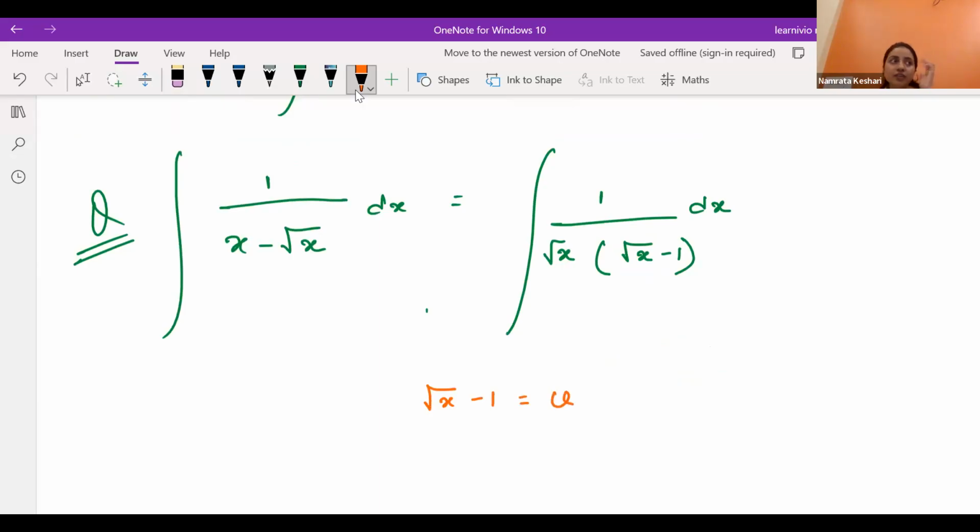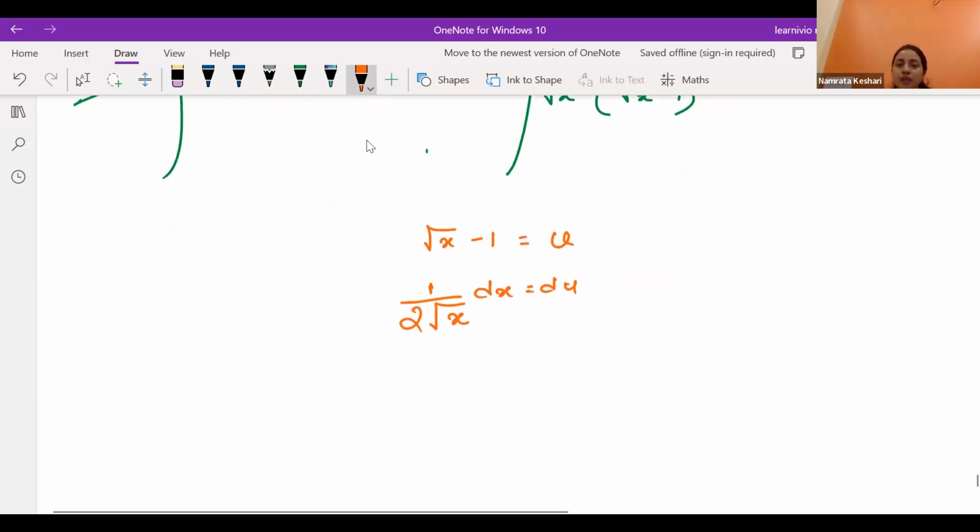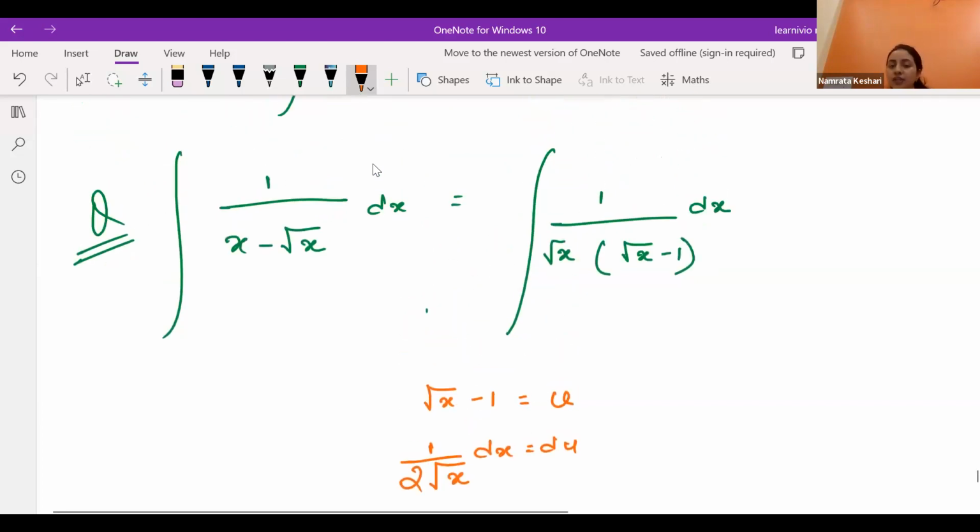In our mind, we are very clear. If we do the derivative of root x minus 1, our result will be 1 by 2 root x. Right, Annapurna? Yes. Okay. And here dx is equals to du. So 1 by root x we can see in our integration.